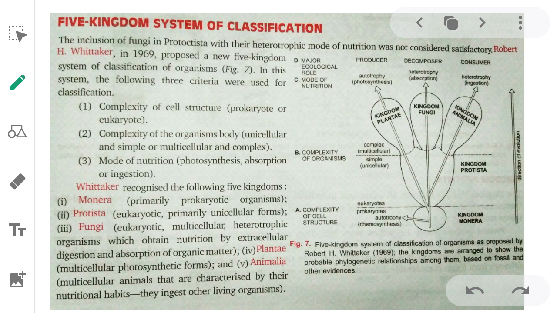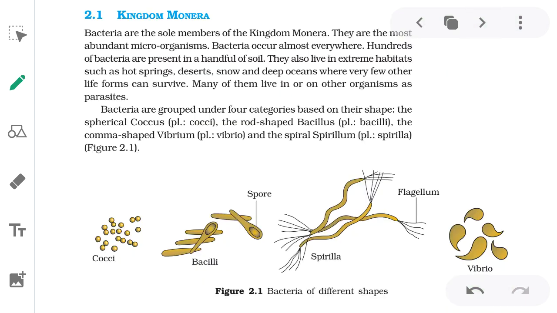Now go to the second slide. I told you that we have to study only Kingdom Monera, that is the first kingdom in this 5 kingdom system of classification. So we are just discussing Monera. And when we talk about Monera, one term comes to mind, that is bacteria.